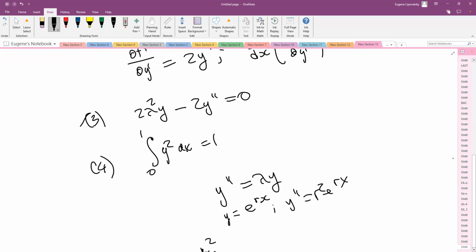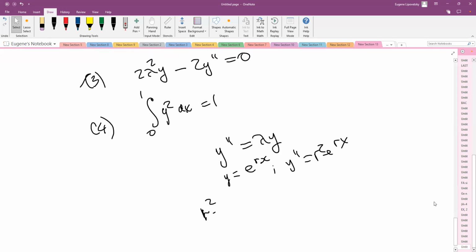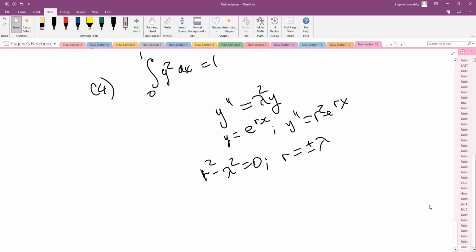So then we have r squared minus lambda squared equals 0. So r equals plus minus lambda, and y equals a e to the lambda x plus b e to the minus lambda x.